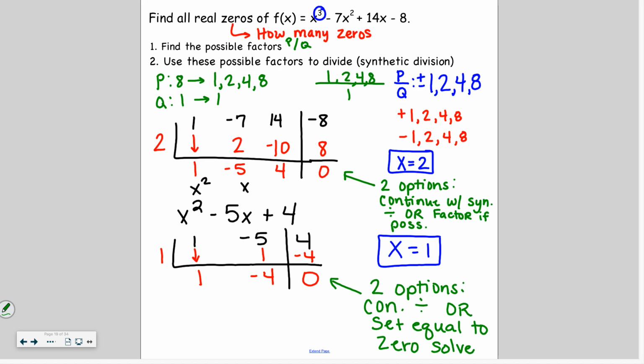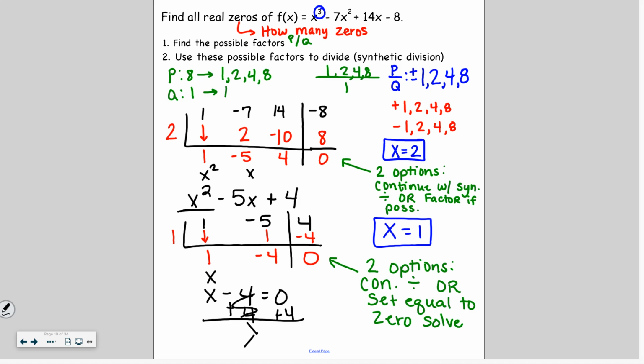Now, the only reason I know that is because, remember, we were x squared right here, so that means we went down a degree, so this is x. So we have x minus 4. At this point, if I set it equal to 0, I'm going to get my last one. So x is equal to positive 4.